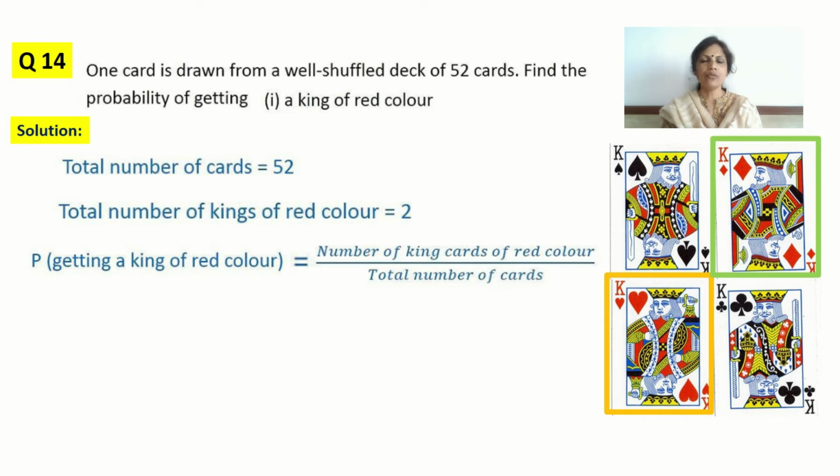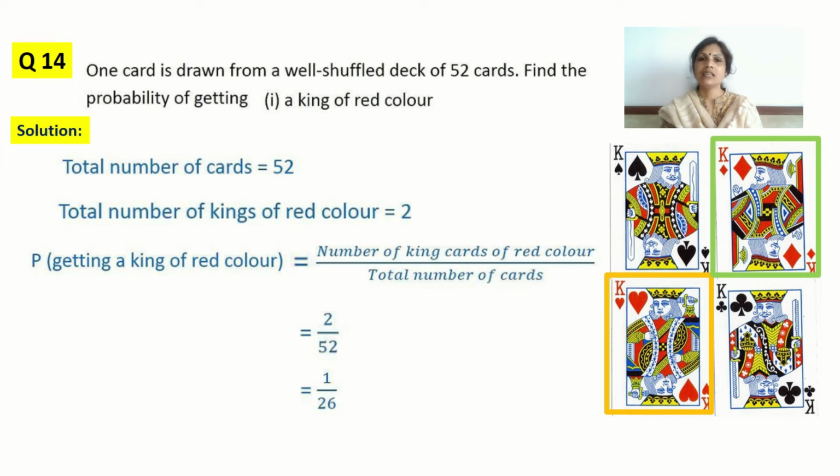So we have 2 cards of king which are red in color. So 2 upon 52. You can reduce it to lower terms and the answer is 1 upon 26. Alright. So this type of sums are very important in your exam. One sum based on the deck of 52 cards is for sure there in the exam.